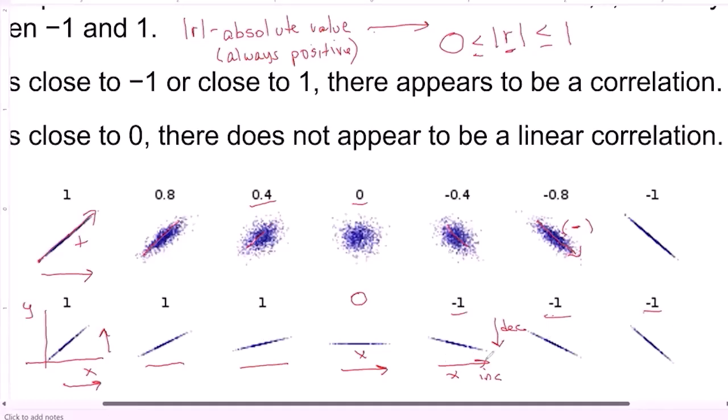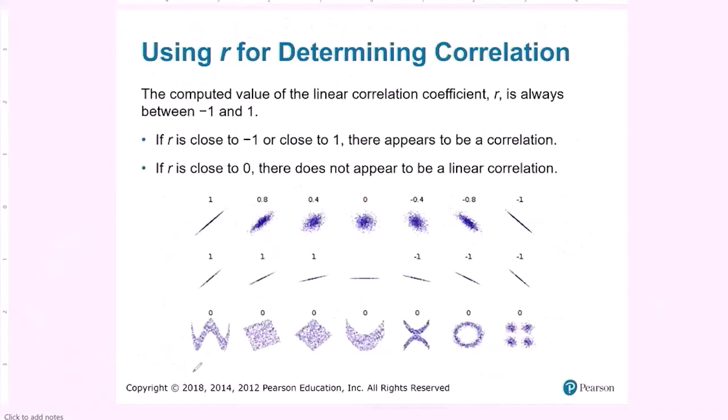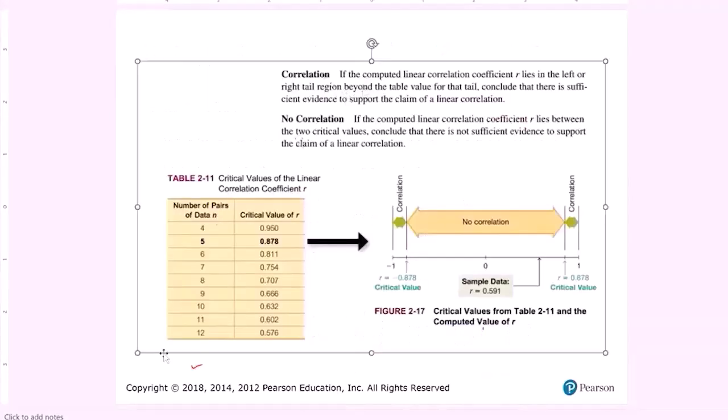As X increases, Y decreases for negative, and as X increases, Y increases for positive. Now we can see that here, there is no linear correlation. There's no lines. These are zeros. They form some nice pictures, but how do we find out something about correlation?